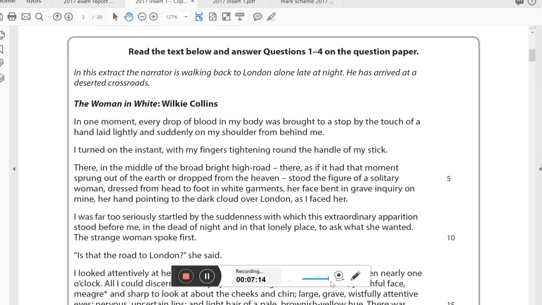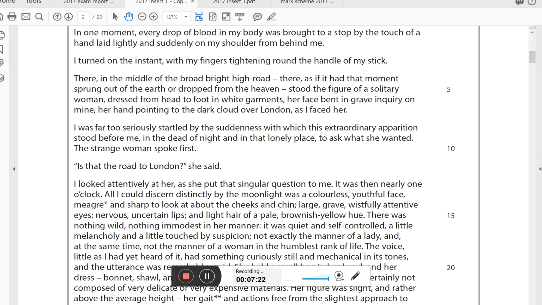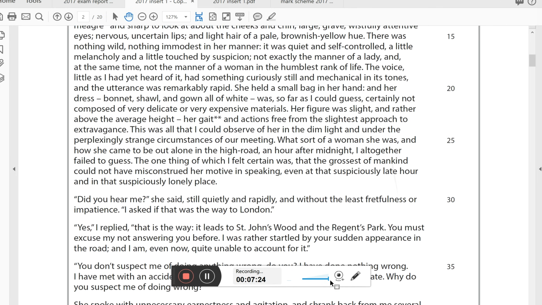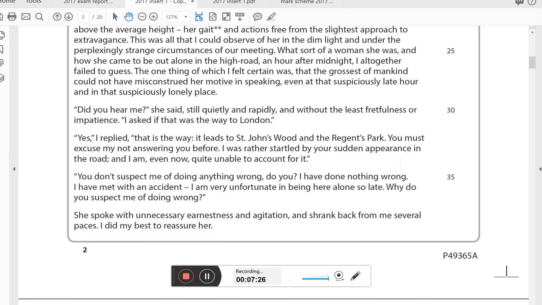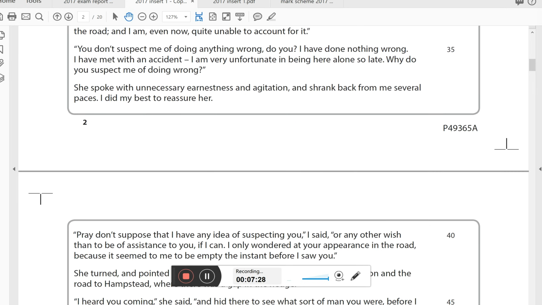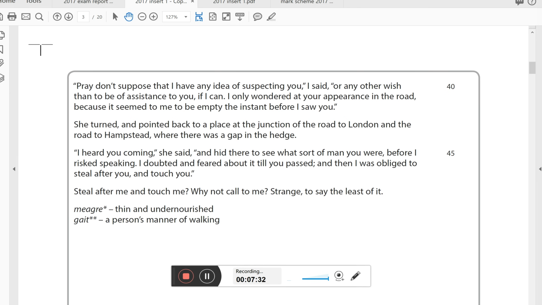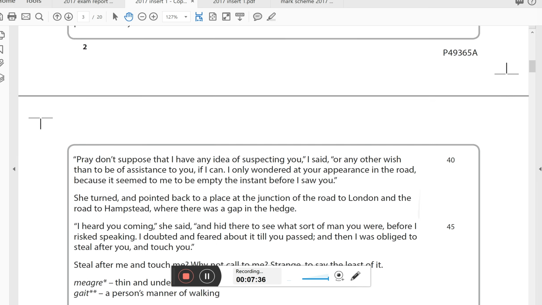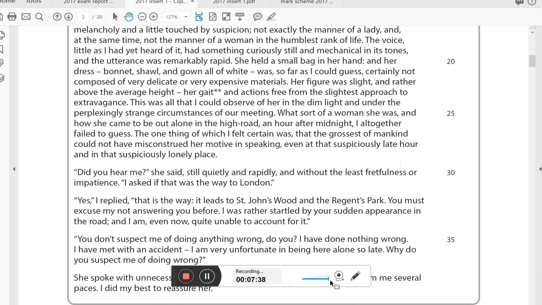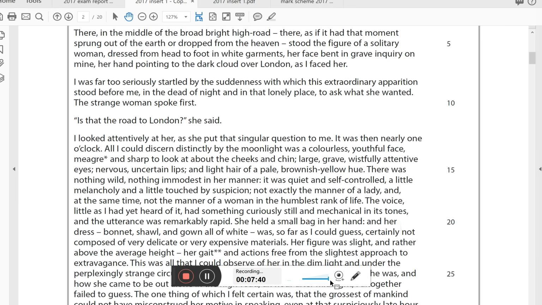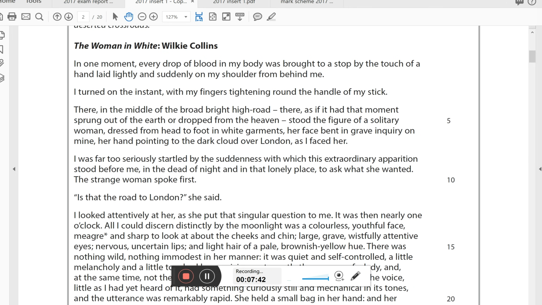Obviously, if you've printed out your own paper, that's ideal. Try to find some bits of the text which relate to mystery.